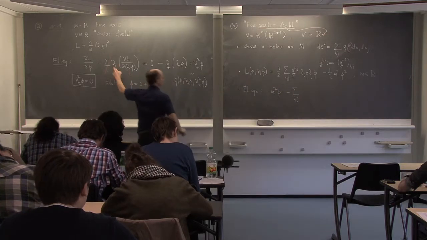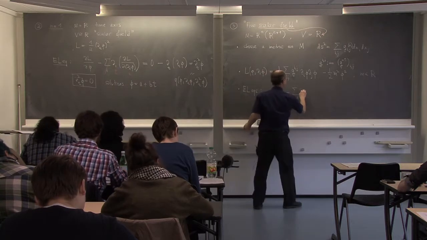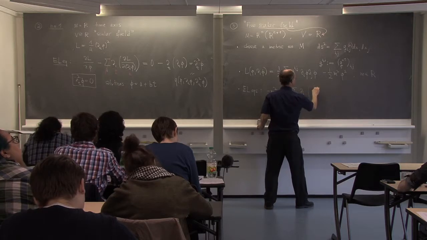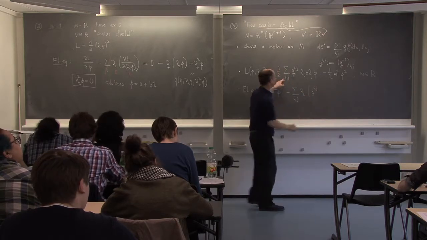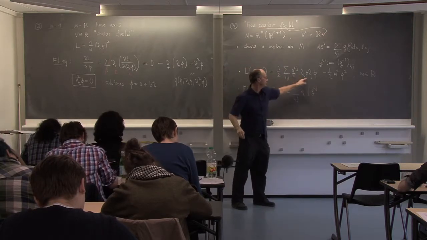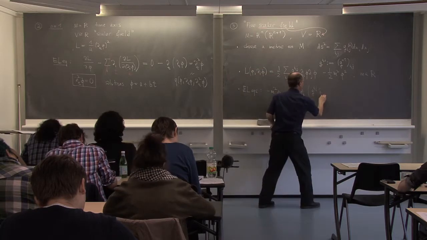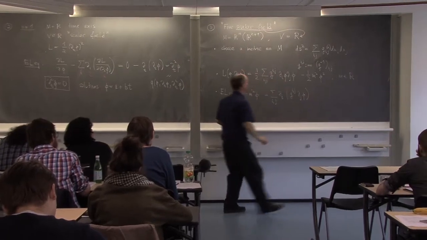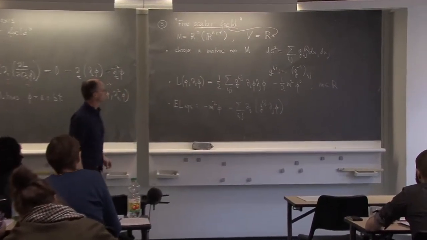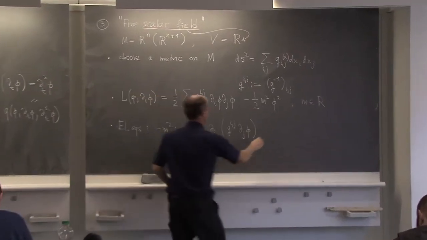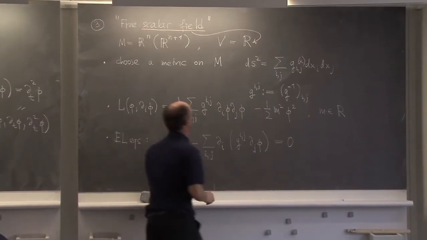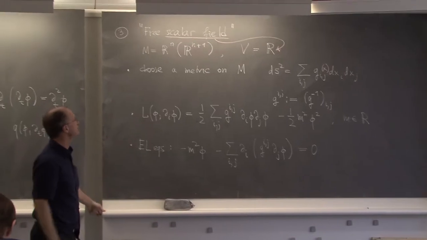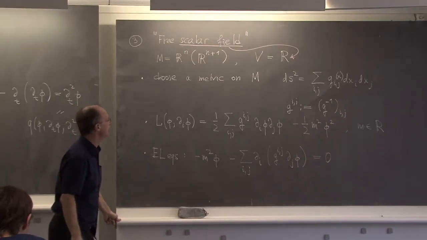There will be this derivative di. Here will be G^ij. So I take the derivative with respect to this guy, I get that guy, and so this should be equal to 0.